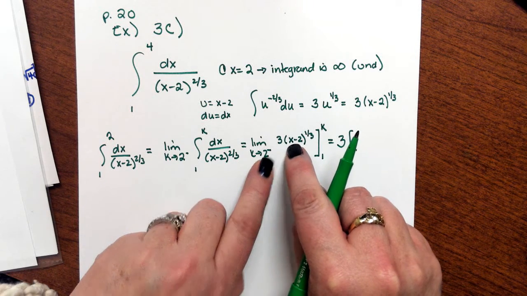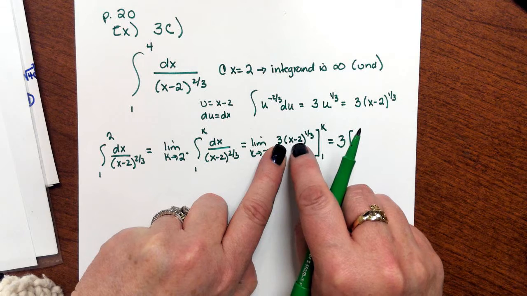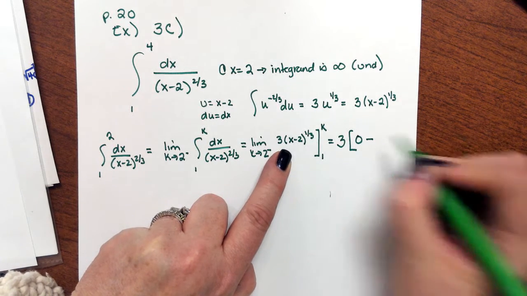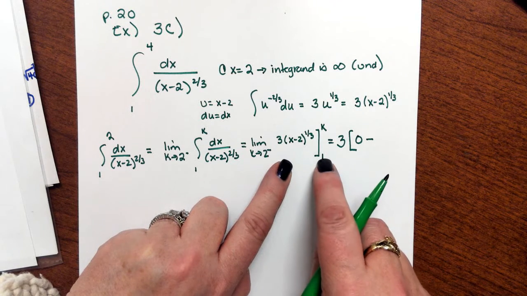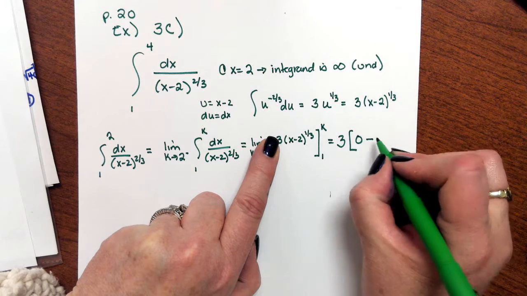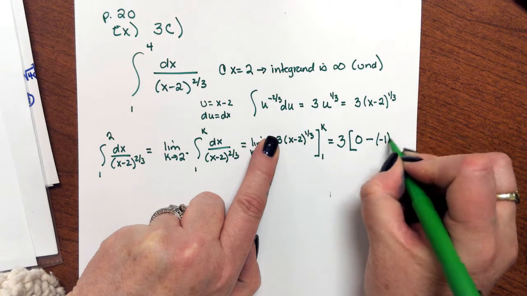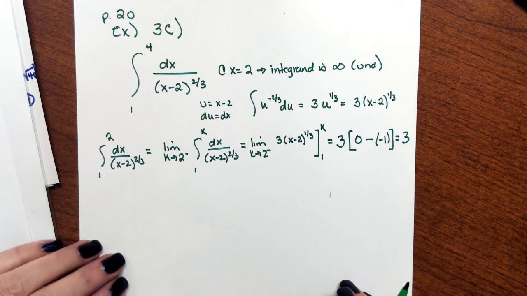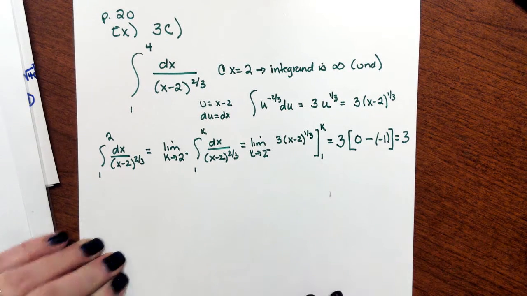When I do my direct substitution, 2 minus 2 is 0, and 0 to the 1/3 is 0. Minus, now I plug in my lower bound of 1. 1 minus 2 is negative 1, and the cube root of negative 1 is negative 1. So the limit of this integral is going to be positive 3, since 3 times positive 1 is 3.